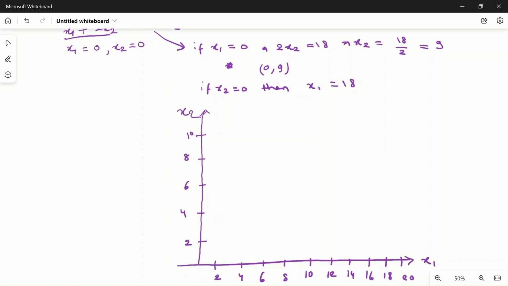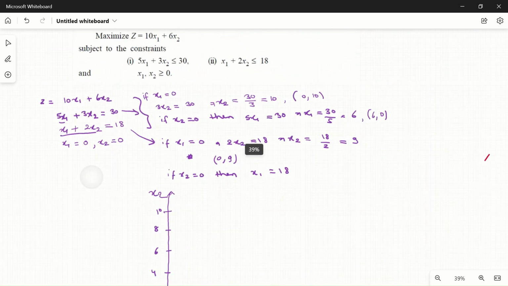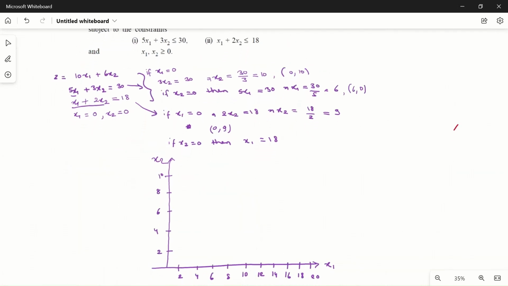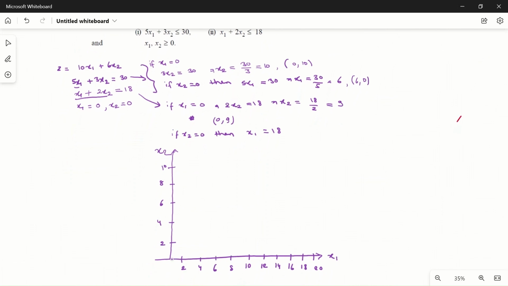Now our first line passes through (0, 10), so x1 is 0 and x2 is 10, and another point is (6, 0). So this is our first constraint.